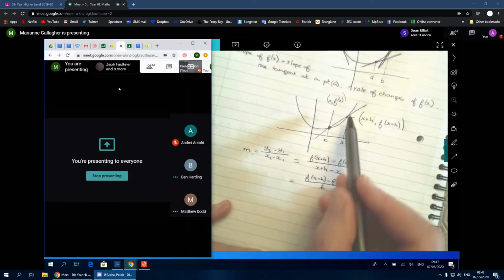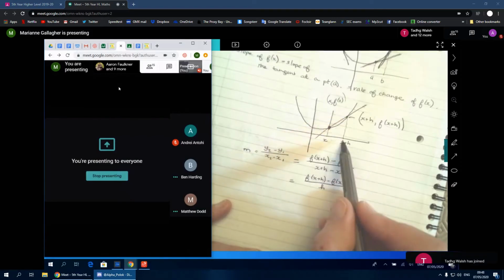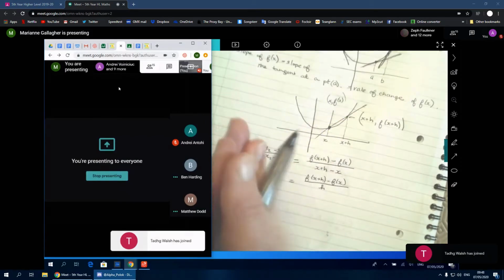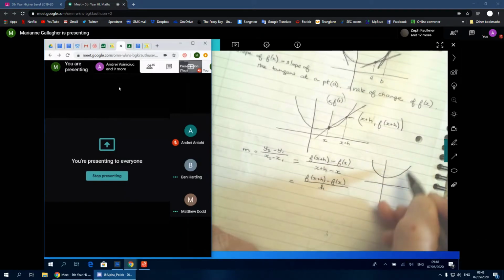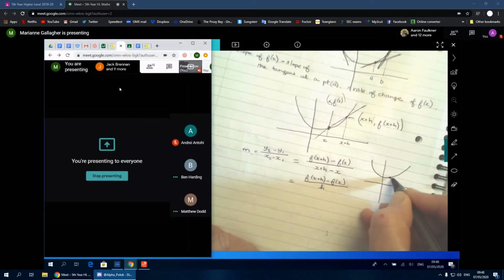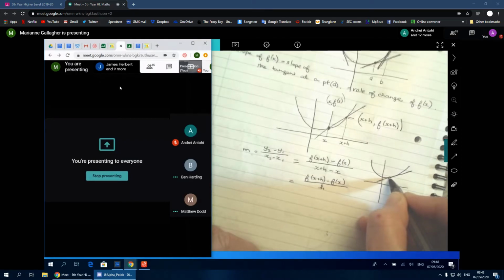Now, if this point is closer and closer and closer to x, so it's moving down so that h is really, really small, then effectively, just sketching it out again, if there's x, if h is right beside x, so small that there's no real difference, now we have the actual tangent and the slope of the tangent.